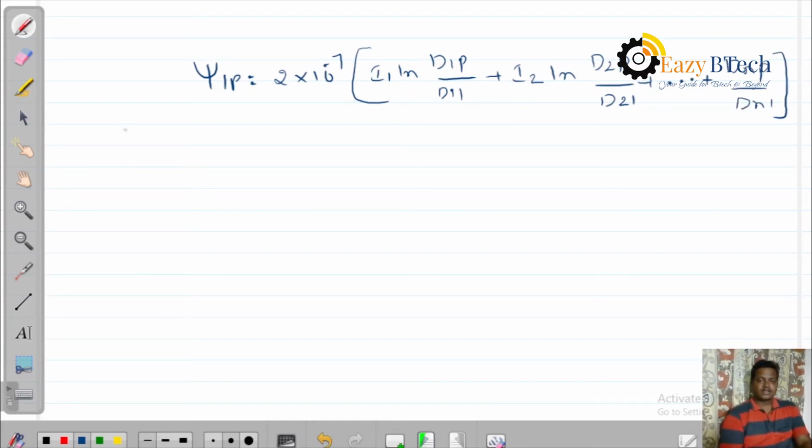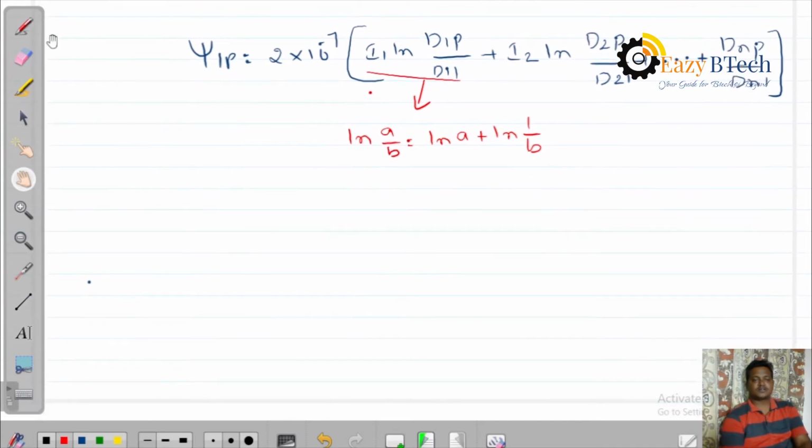Now we have to write this expression using the formula ln of a by b, you can write it as ln of a plus ln of 1 by b. Divide the above expression using this formula, it is 2 into 10 power minus 7 in bracket I1.